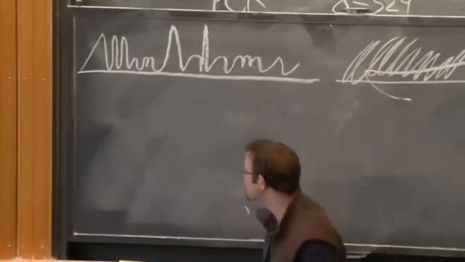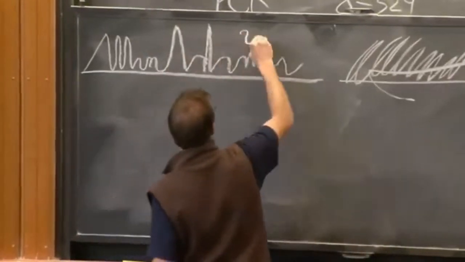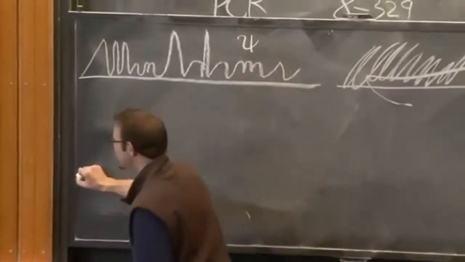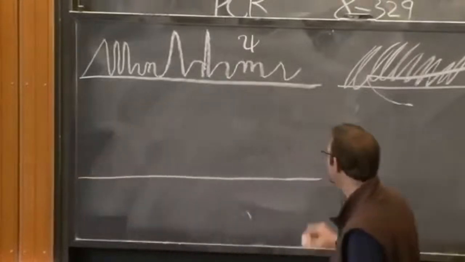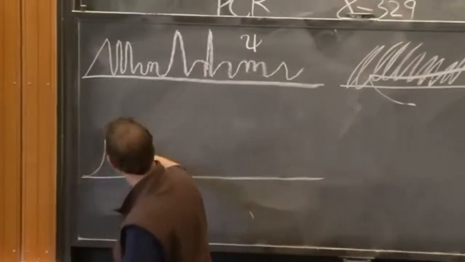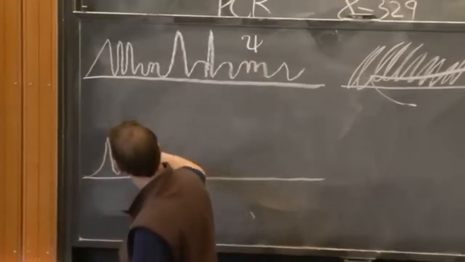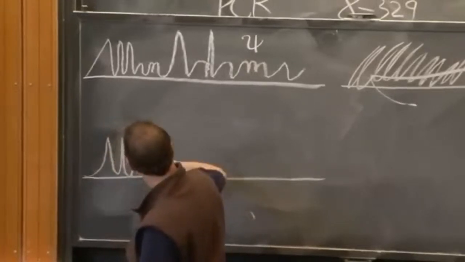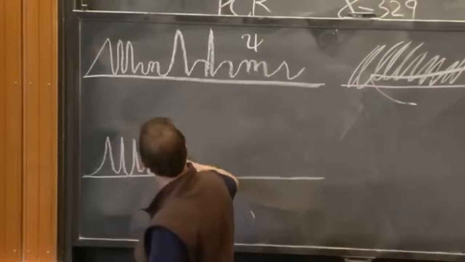OK, this is the real challenge. OK, so if this is our wave function, and let's just say that it's real, hard as it is to believe that, then what's our probability distribution? Well, it's something like, I don't know. It's something.